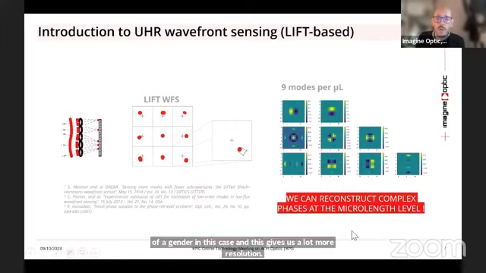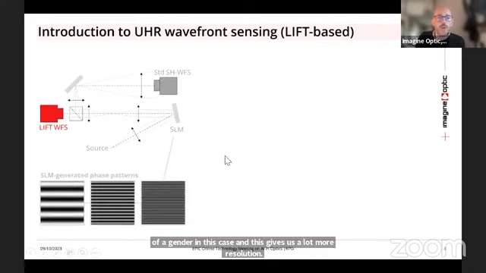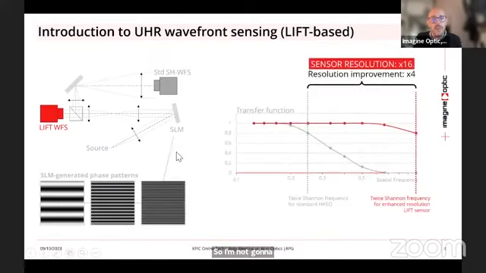I'm not going to show you how we demonstrate the increase in resolution. But if we look at the transfer function of a standard Shack-Hartmann wavefront sensor here in gray, and we compare it with the phase retrieval approach, we can see we increase resolution by a factor of 4 on the x-axis and 4 on the y-axis.